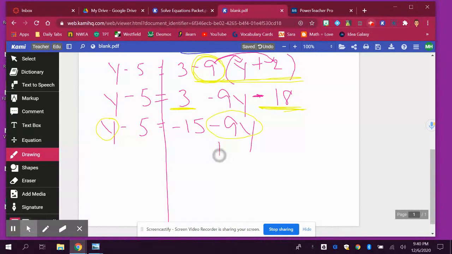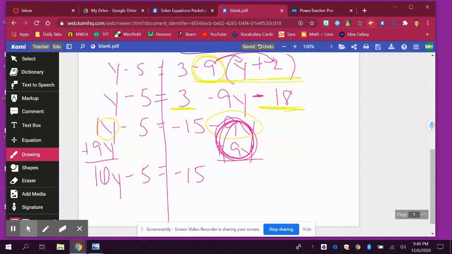The opposite of negative 9y is positive 9y. Whatever I do to one side, I have to do to the other. This becomes 0, so I get negative 15. Over here, 1y plus 9y gives me 10y. I'm going to bring down this minus 5.